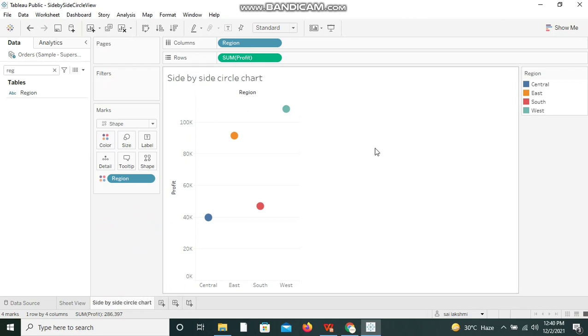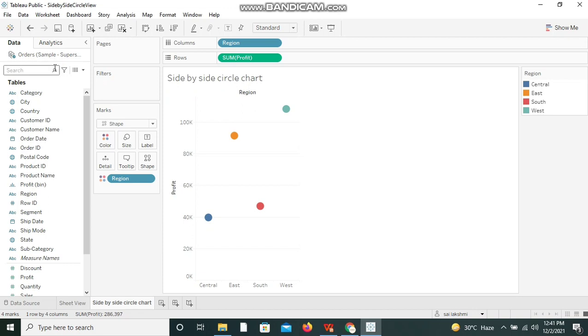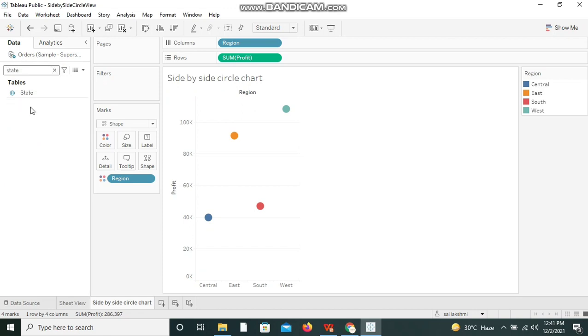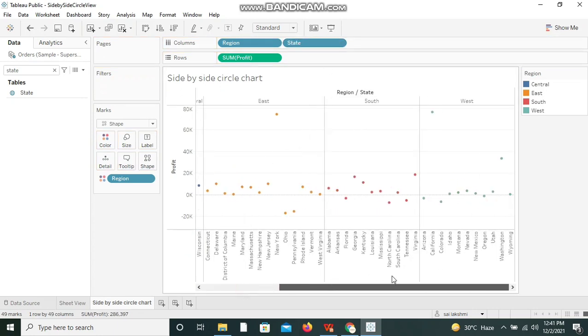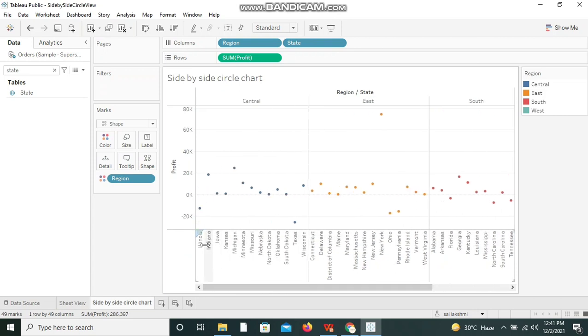Now that we have a circle chart ready, I'm going to create a side by side circle view by breaking it down to a state level. So I'm taking the state dimension and dropping it to the column shelf. Now we have all the states and the side by side circle chart is ready.